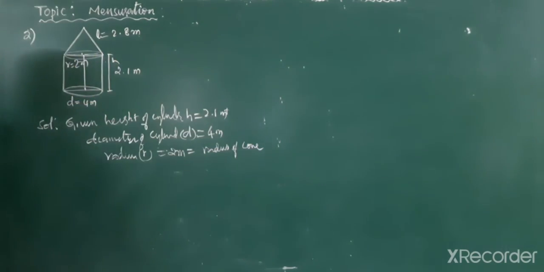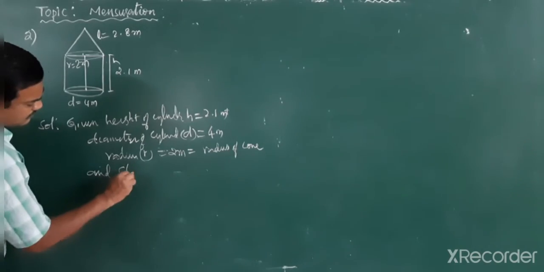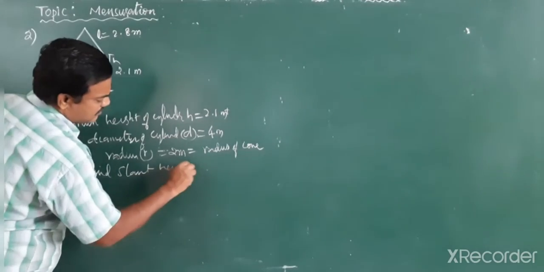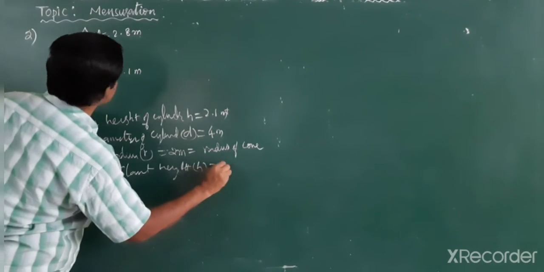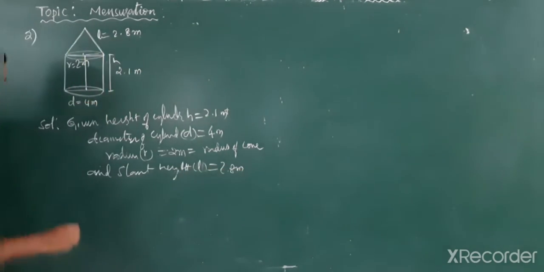Radius of cylinder and cone are the same. And slant height L is 2.8 meters.